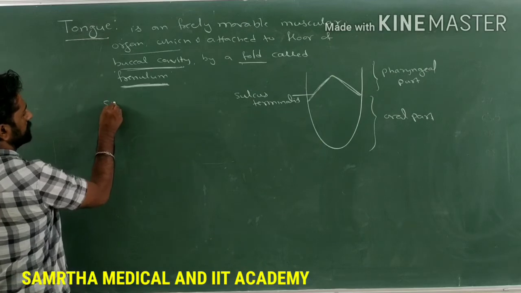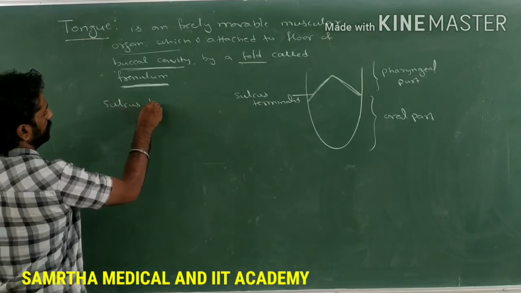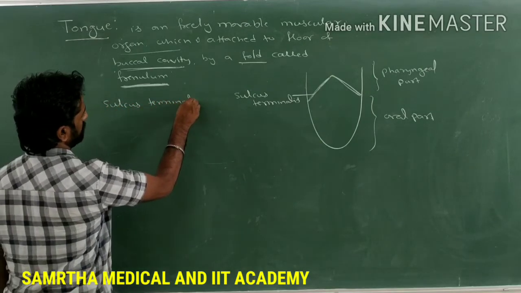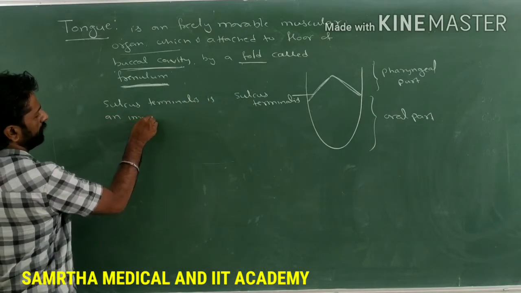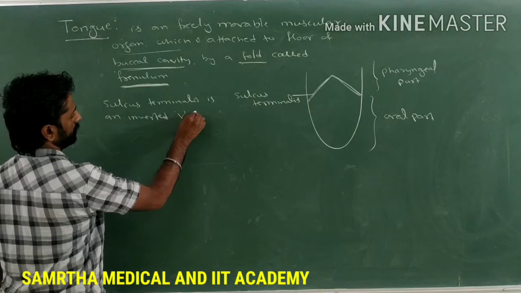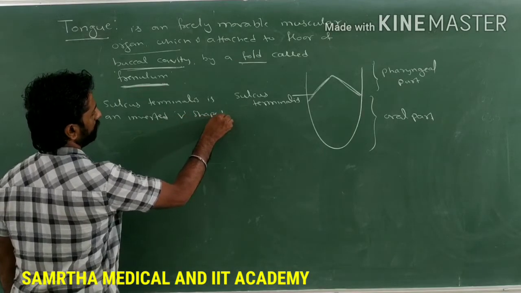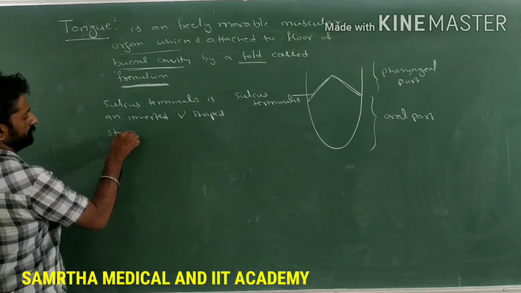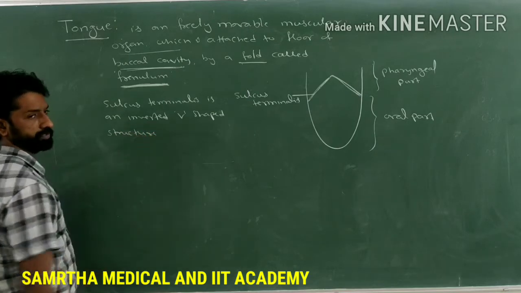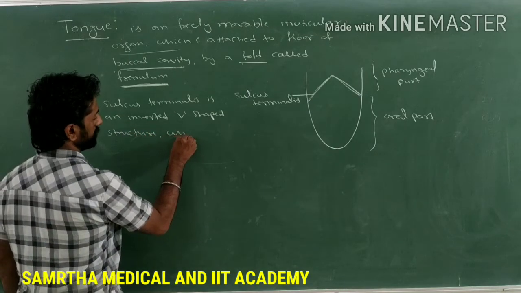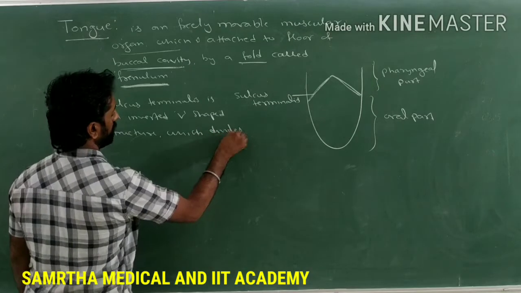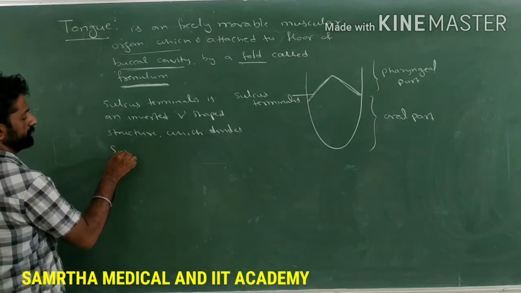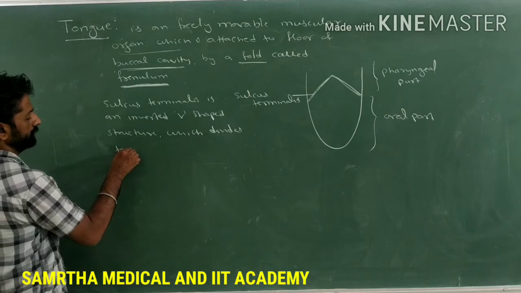So the sulcus terminalis is an inverted V-shaped structure which divides the surface of the tongue into two parts.